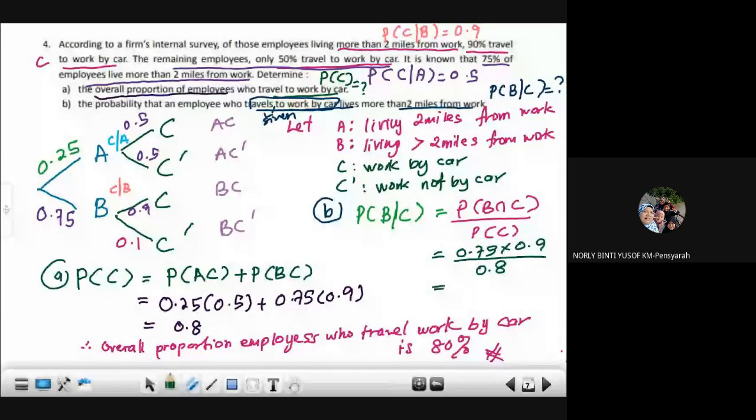Okay, so calculate, you will get the value of probability 0.8438. So that is the probability that employee who travels to work by car lives more than 2 miles from work.